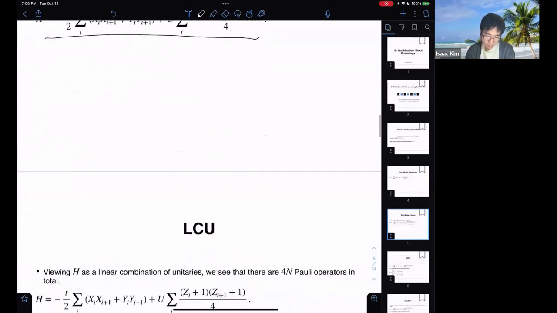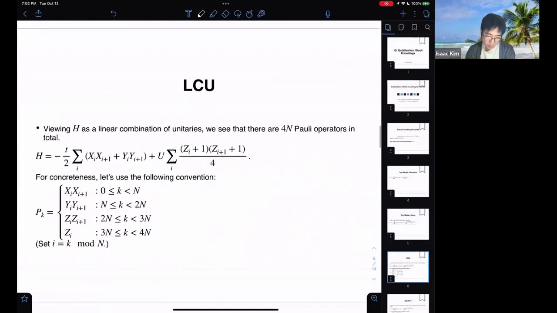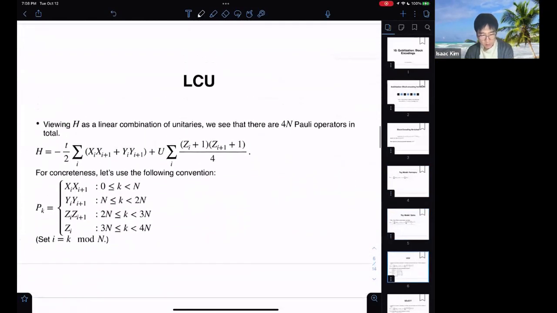Now, obviously, the goal is to somehow understand how U of H works in this context.